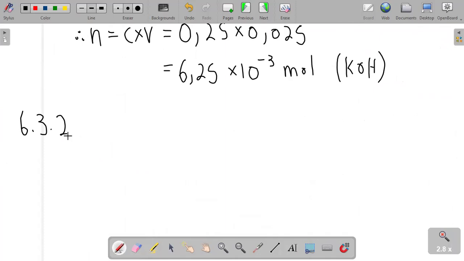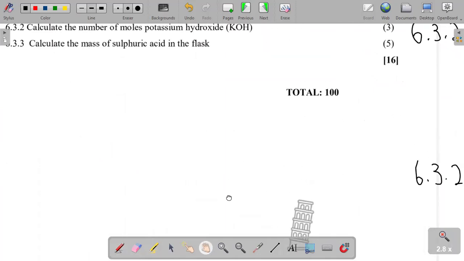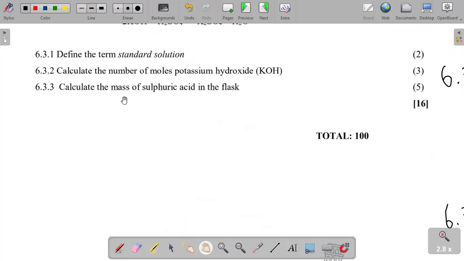Now for this question, we are asked to calculate the mass of sulfuric acid in the flask. Okay. We can't find the mass if we don't have the number of moles, isn't it?